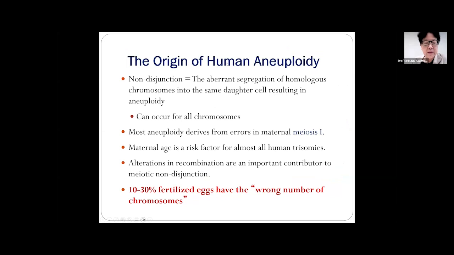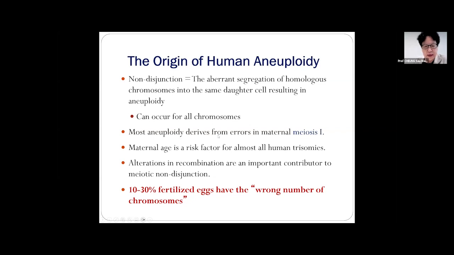How does aneuploidy arise? It's due to the mechanism known as non-disjunction, meaning the aberrant segregation of homologous chromosomes into the same daughter cell, resulting in aneuploidy. It could occur in all chromosomes.